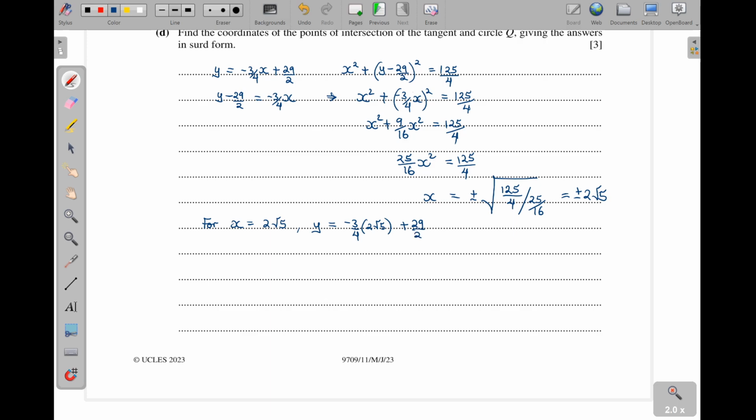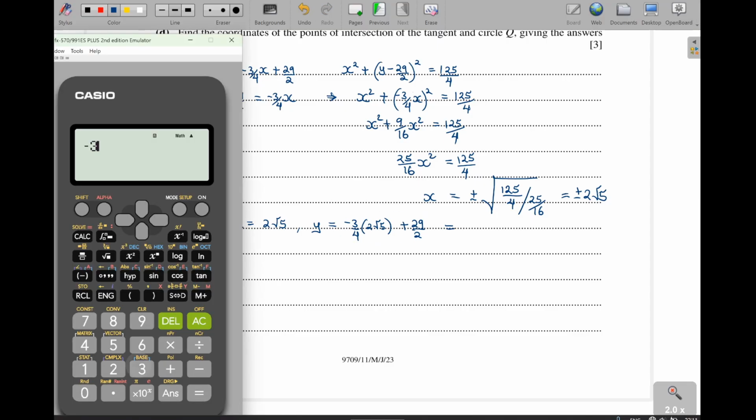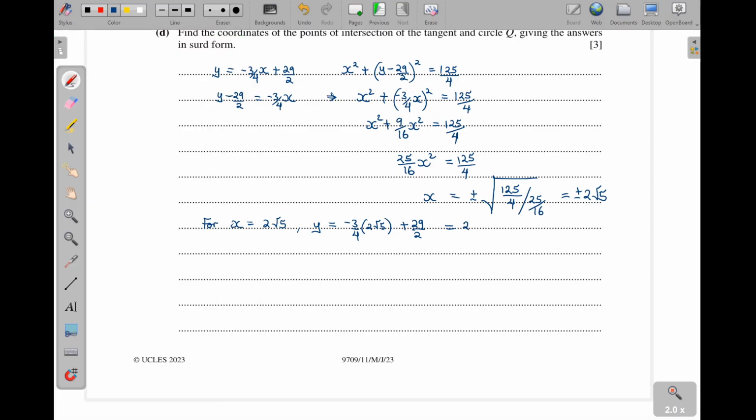So this one all together, I can write it as negative 3 over 4, then times 2 root 5, then plus 29 over 2. That is 29 minus 3 root 5, all over 2.